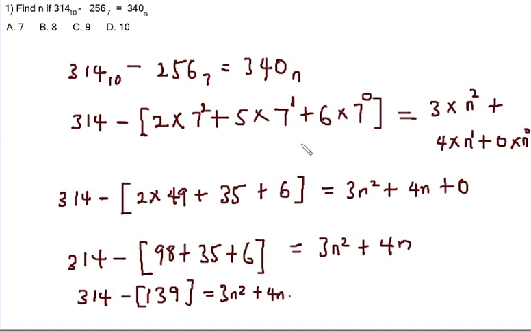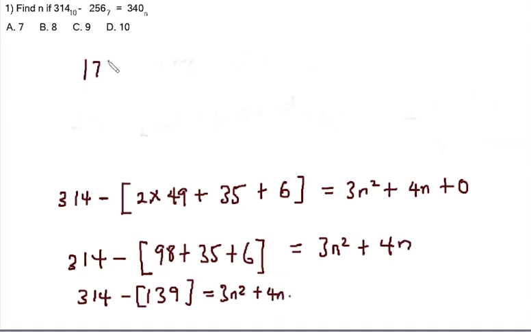So 314 minus 98 plus 35 plus 6, which is 139 here, and this is equal to 3n squared plus 4n. Let's clean up space here. On the left side, we have 175 is equal to 3n squared plus 4n.